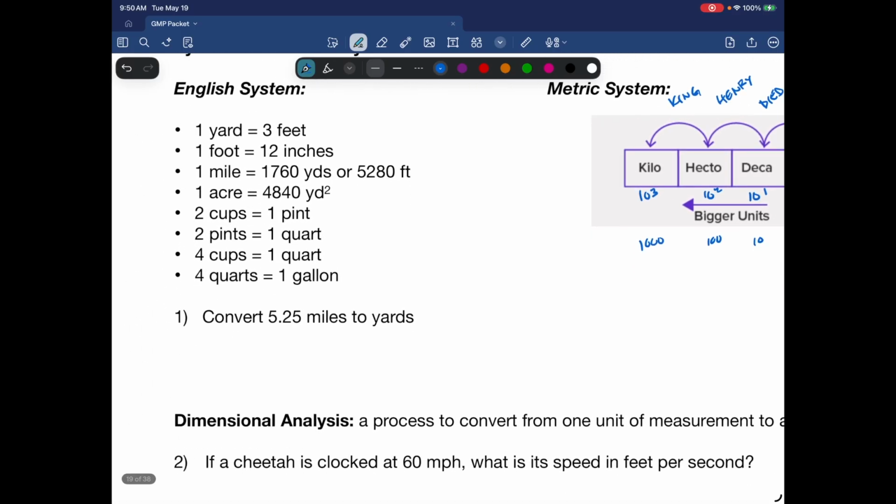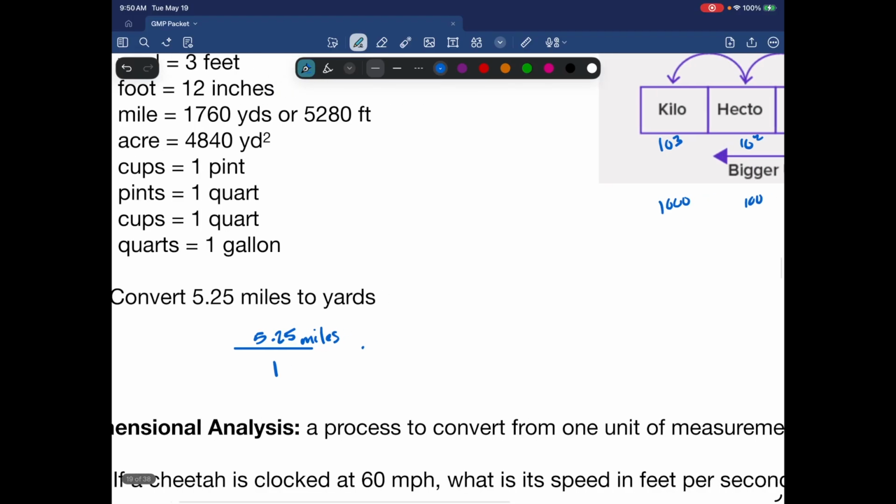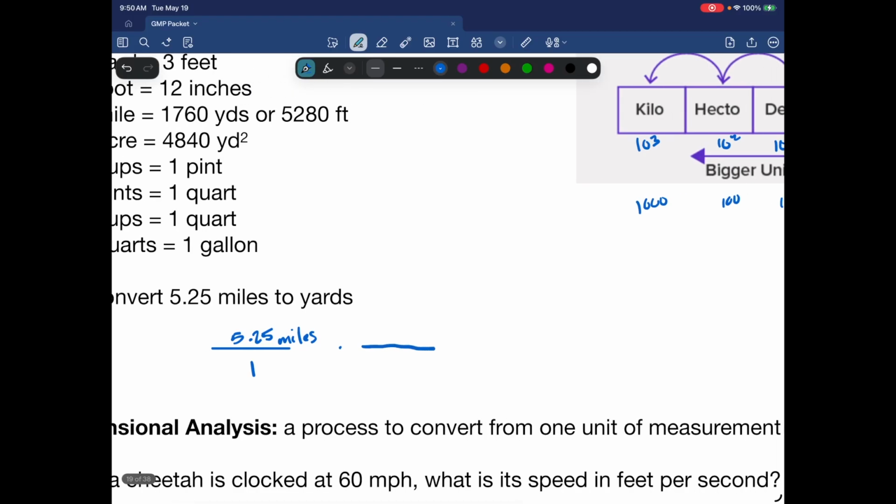All right, so on number 1, we want to convert 5.25 miles to yards. So we have 5.25 miles, and we want to change miles to yards. What I'm doing here is called dimensional analysis. If you look at the table above, you have 1760 yards for 1 mile.